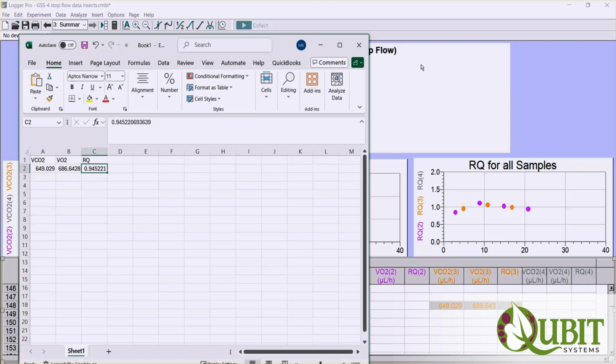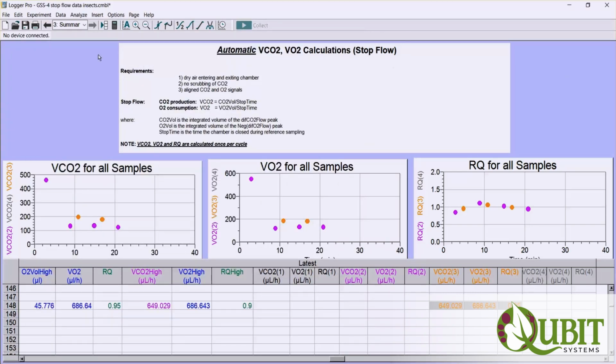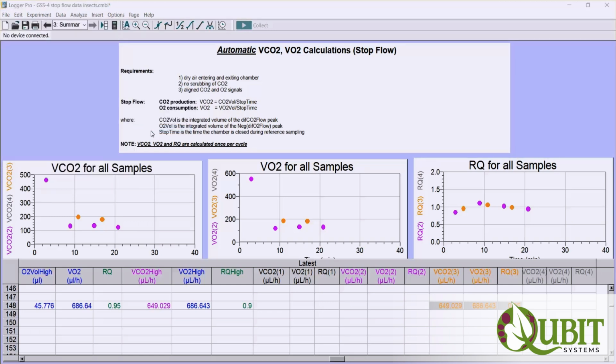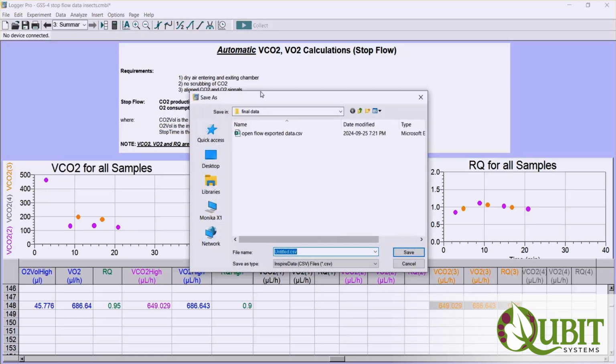Or you can go to File and Export as, select CSV, and export the whole data file as a CSV file. Give it a name, stop flow exported.